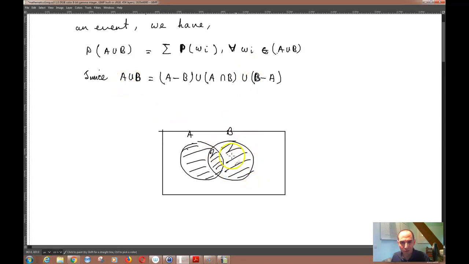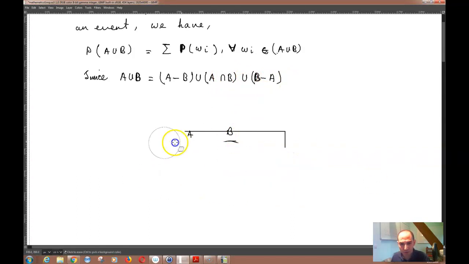And so A union B, of course, would be this whole part over here. So of course you can write A union B is equal to A minus B union with A intersection B union with B minus A, which makes sense. In case you didn't understand this, let me do that again.